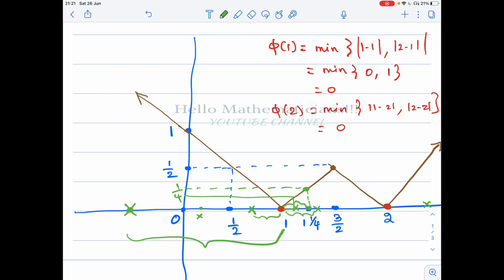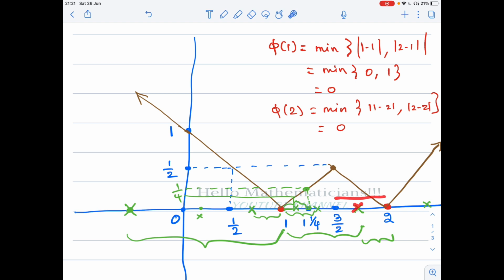Okay, now if you take a point here, then distance between 1 and this point will be larger than distance between this point and 2. Okay, therefore, for this point, we have to take this distance as the image. Okay, so this distance will be lesser than half. Okay, this full length itself is half.